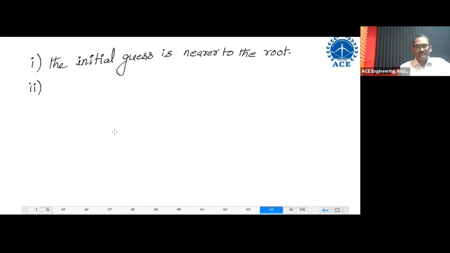Just 1 minute. Write down f dash x not equal to 0.